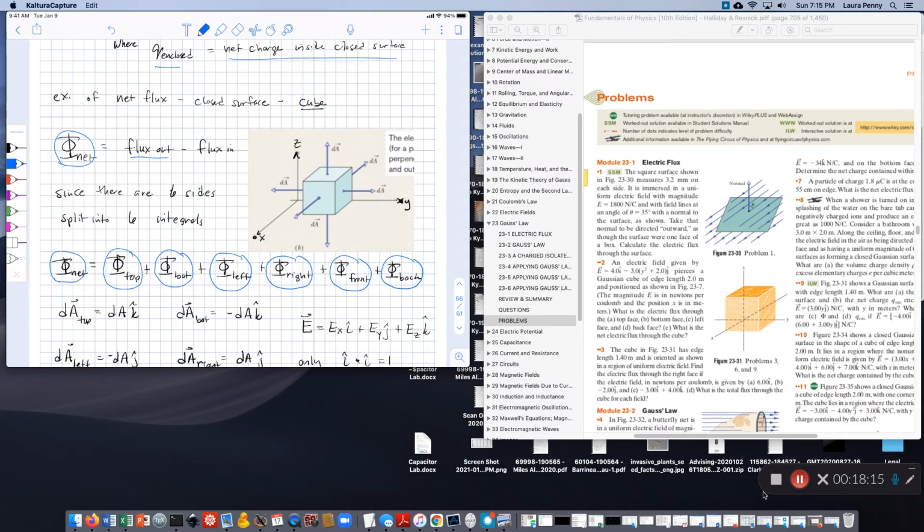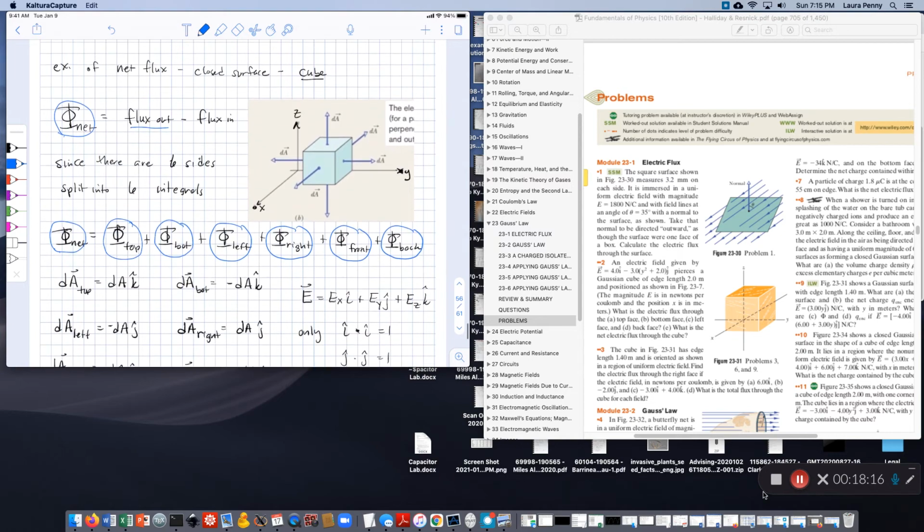Now, each of these area vectors on the 6 sides are in very specific directions, right? If I look at the top here, here's dA. It's sticking straight up in the z direction. And so I can write that dA for the top is just the amount of dA times k hat. Whereas at the bottom, here's the bottom side's dA.